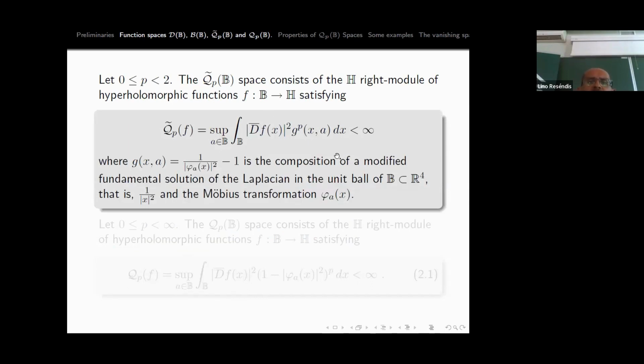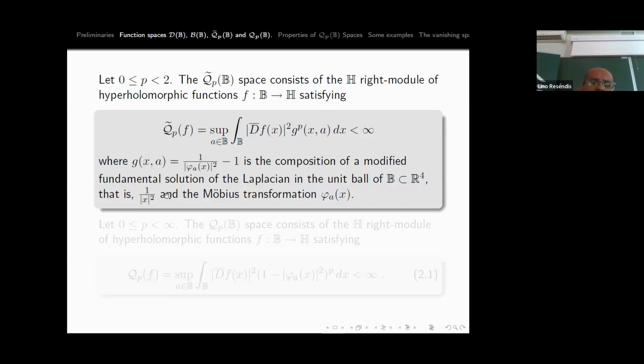We calculate this integral. We are considering here again the d bar derivative of f, modulus to the power square, and we consider this weight function. This weight function that we denote by g is okay.